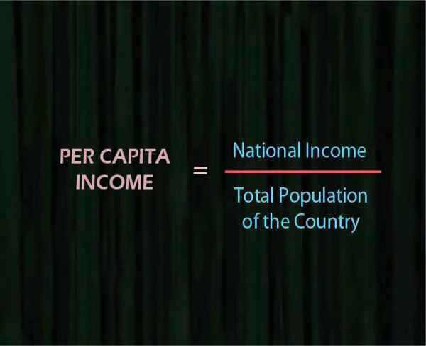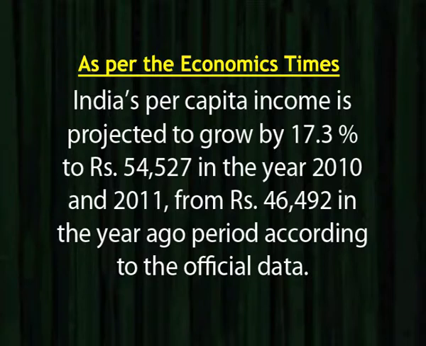Per capita income is calculated by evenly dividing the national income among the country's population. As per the Economic Times, India's per capita income is projected to grow by 17.3% to Rs 54,527 in the year 2010 from Rs 46,492 in the year ago period, according to the official data.